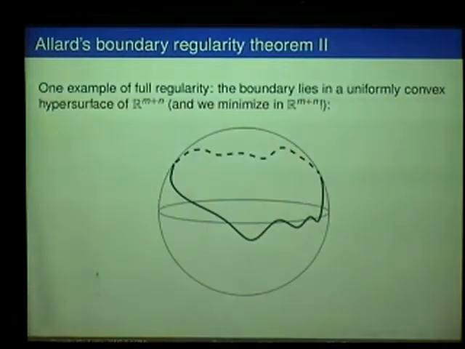Now, in some cases, and this is still a consequence of work of Allard, you can have full regularity. For instance, one interesting case is when your boundary curve gamma, or your boundary object gamma, lies on the topological boundary of a uniformly convex hypersurface. In there you have full regularity.